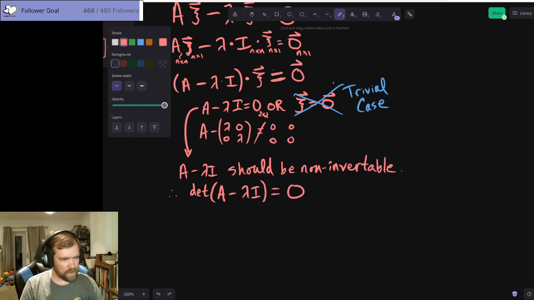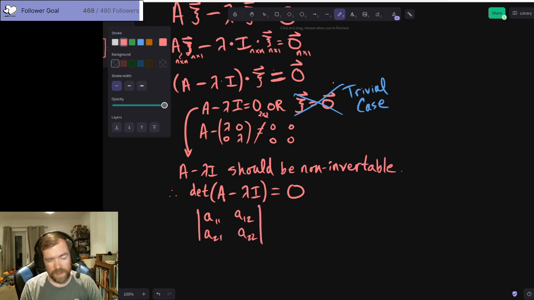Okay. So we've got a determinant of A11, A12, A21, and A22. If we're just doing a 2 by 2 matrix system, we'll keep with this for a little bit.